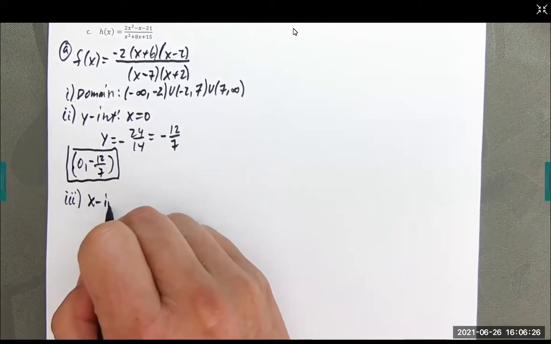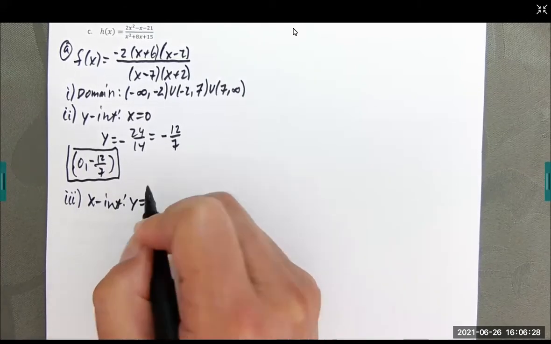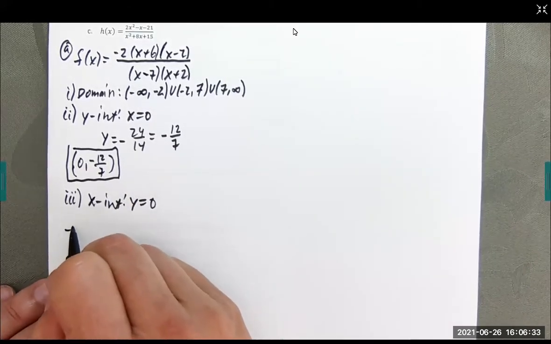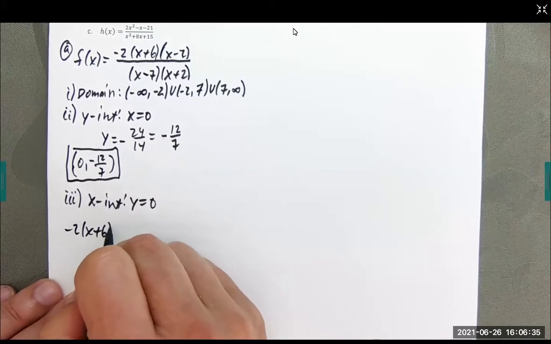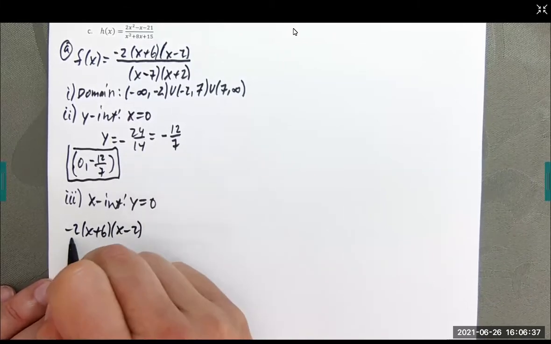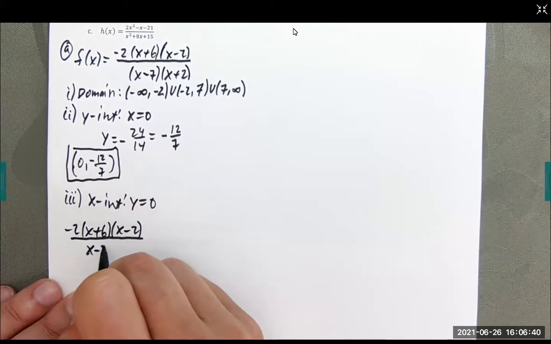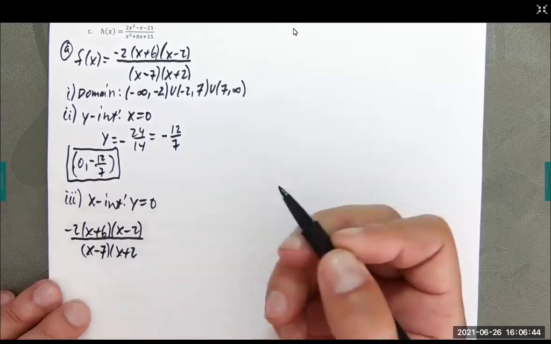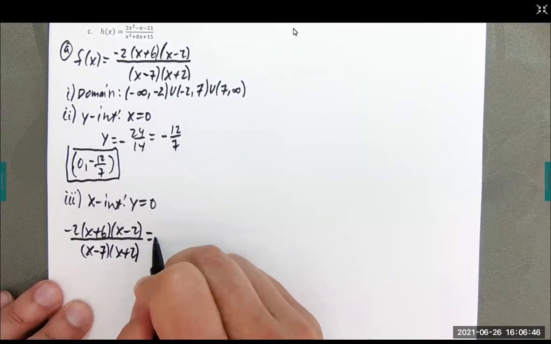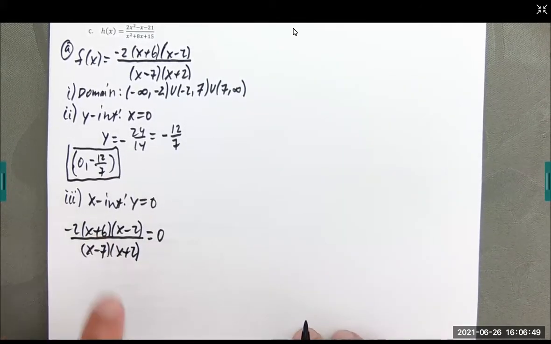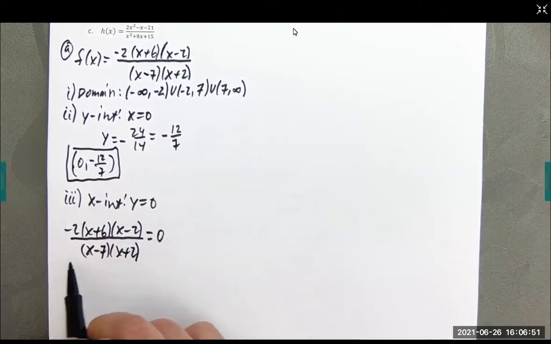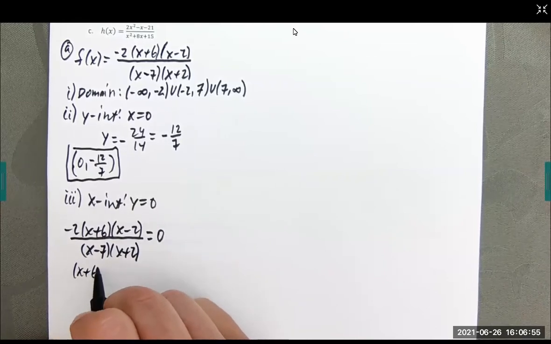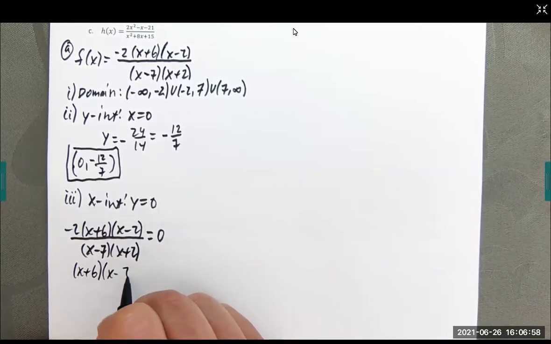So X-intercept, again, that's when Y equals 0. So we have negative 2, x plus 6, x minus 2, over x minus 7, x plus 2. And I'll let you in on a little hint. It's basically what makes the numerator equal 0. So I divide the negative 2 out, I end up with x plus 6, x minus 2 equals 0.